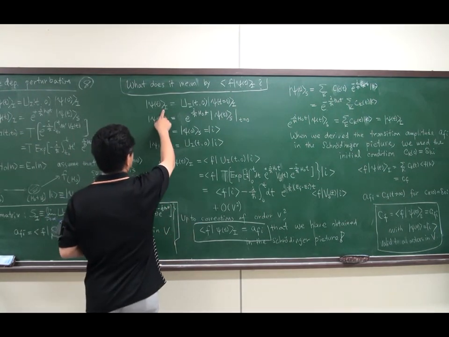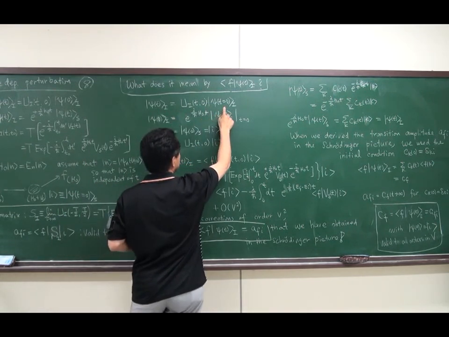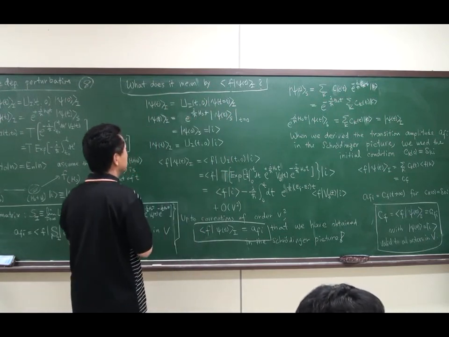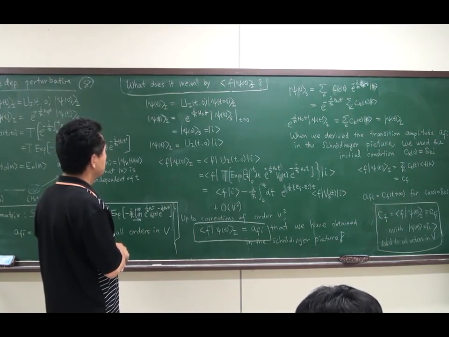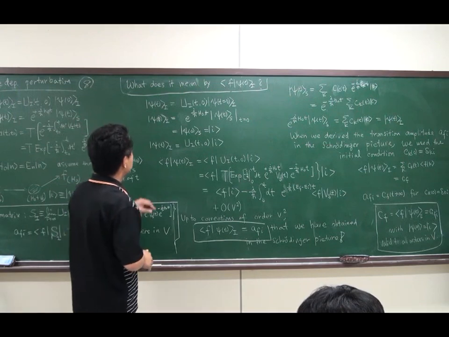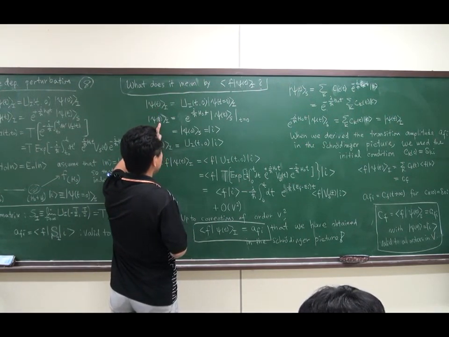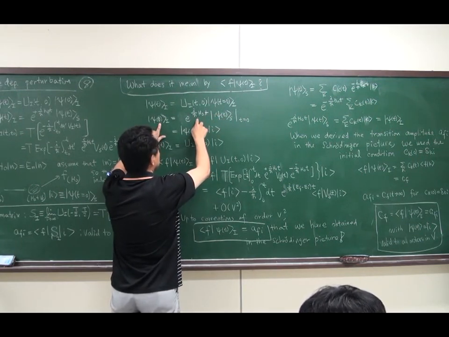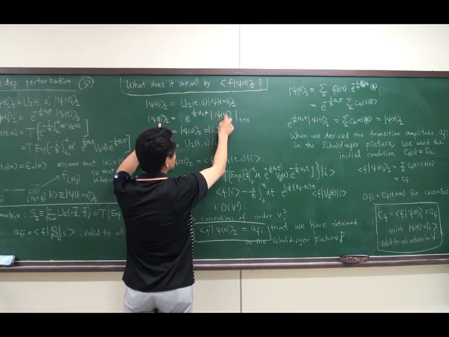In the interaction picture, the state at time t is the state at time t equals 0 multiplied by the time evolution operator in the interaction picture. Alright? If I substitute t equals 0 here, the Schrödinger picture can be interpreted to be the interaction picture, because at t equals 0 the killing factor is 1.